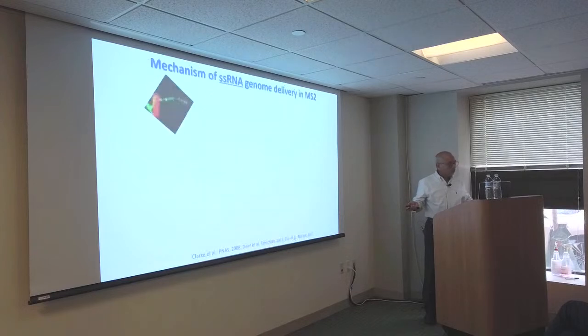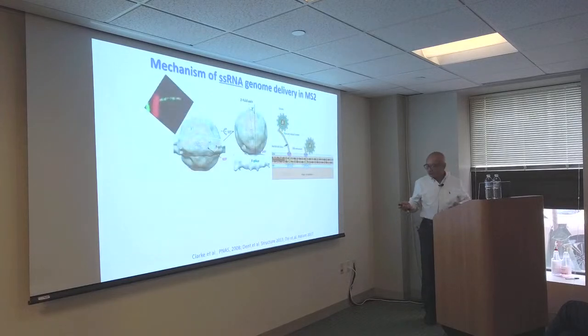This association is very important because during conjugation and the pili retraction process, what we think is that this virus attaches to the F pilus shown here through the MP, and that attachment is very strong.